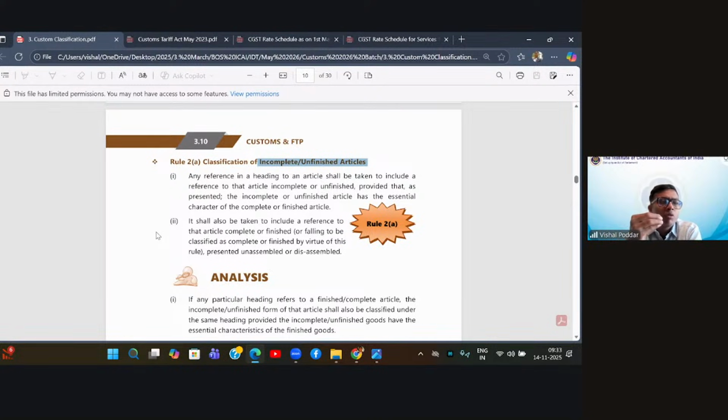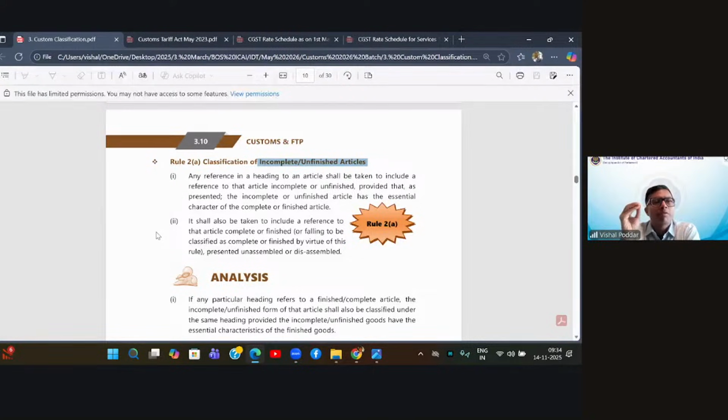If I complete the whole machinery, if I fit it, the machine may have some odd shape which will consume more space in that truck, whereby fewer items can be loaded in the truck, which will lead to an increase in the cost. So to save on the cost, I will try to keep the machine in unassembled, unfinished form, so that it can be easily transported.